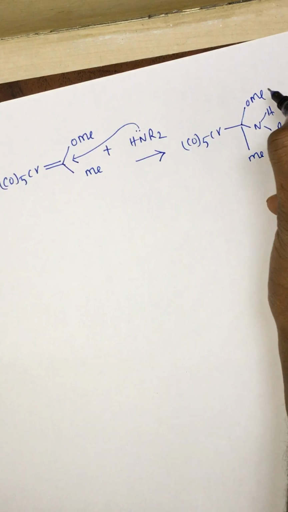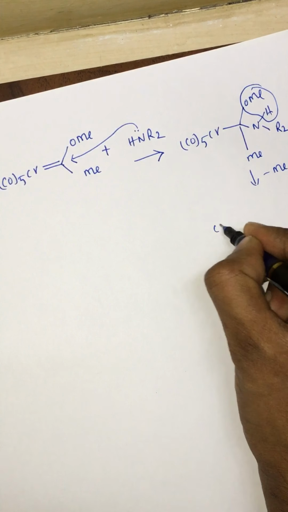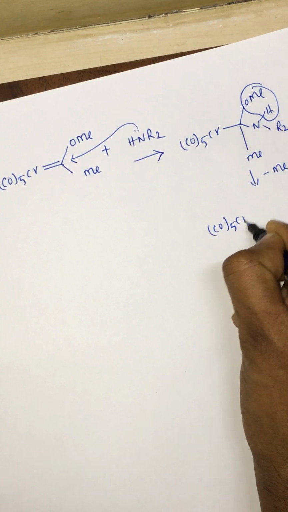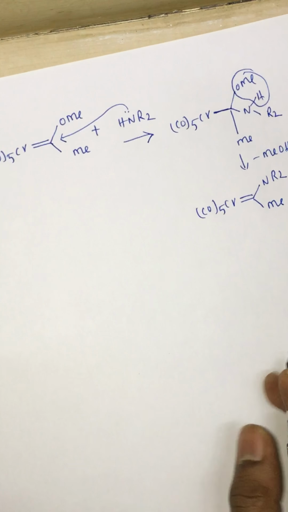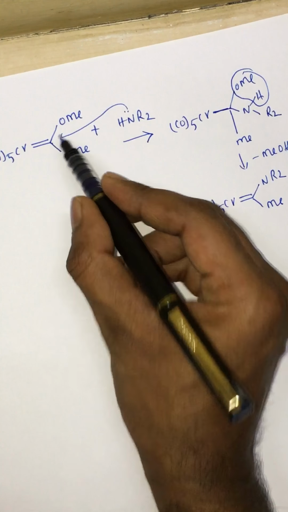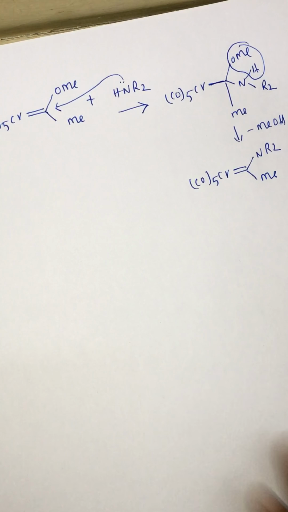Now we will remove this one as methanol, then we will get CO5Cr. Here the double bond will regenerate again, NR2 methyl.